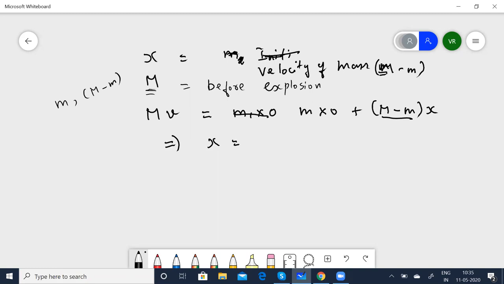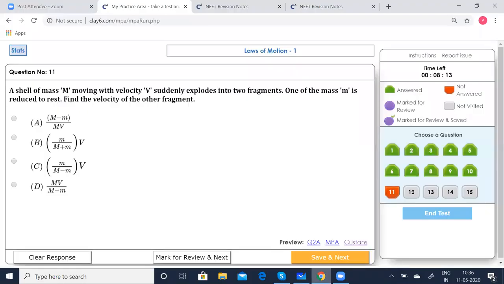The velocity with which the object M minus m is moving is x. Of course, the other one is at rest, so that is 0. By applying conservation of linear momentum, MV is equal to m times 0 plus M minus m into x. So from this we get x to be MV by M minus m. Let's see which option is correct. You can see option D is correct. Save that. Go to the next.